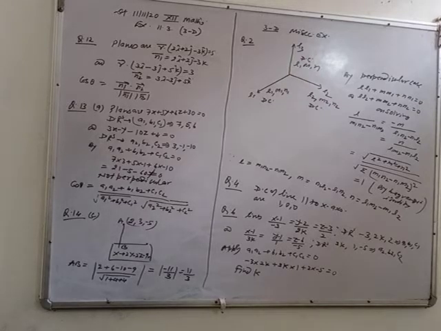Now see the miscellaneous exercise, question number 2. Here the DCs of two mutually perpendicular lines are given. So two lines L1 and L2, their DCs are l1, m1, n1 and l2, m2, n2. For mutually perpendicular lines, l1 l2 + m1 m2 + n1 n2 = 0.